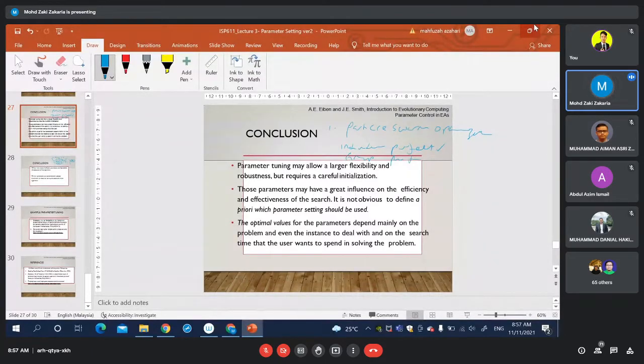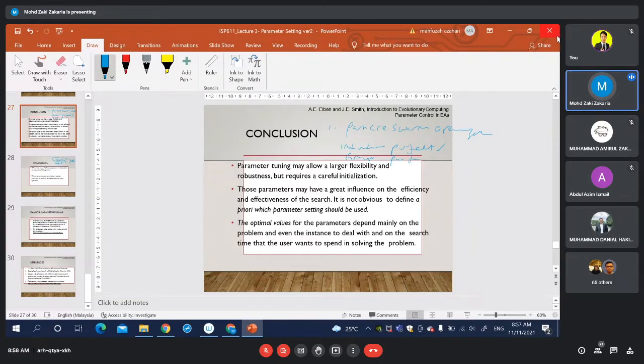Comment means you summarize the goal, the objective, and so on. Faham ke tak faham? Literature review lah kan, Sir? Literature review. Based on one article je ke, sir?